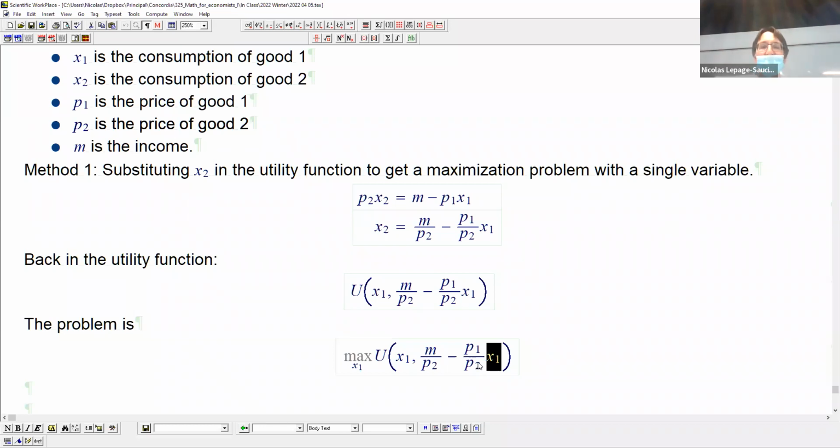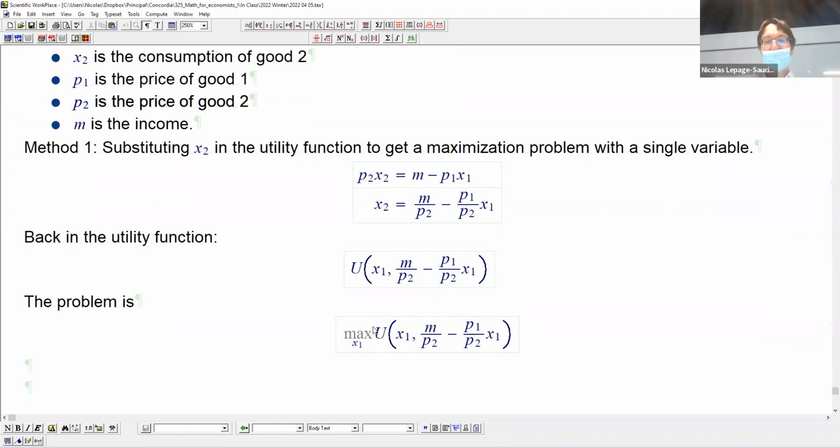We're going to do an example with our favorite utility function, the cup de glace. But here, let's just start with something completely general. Then I have a single first order condition.